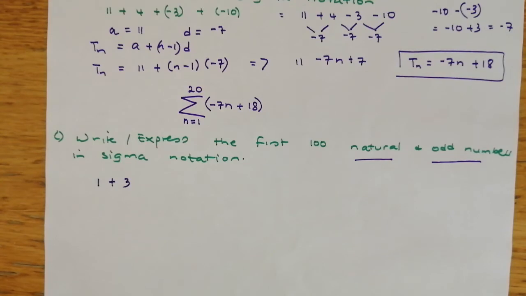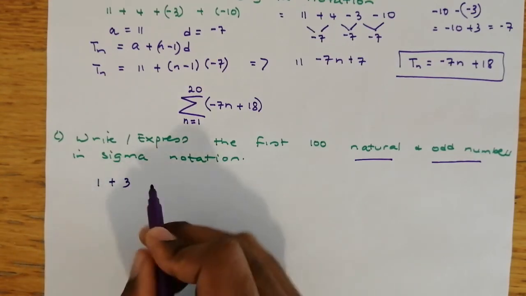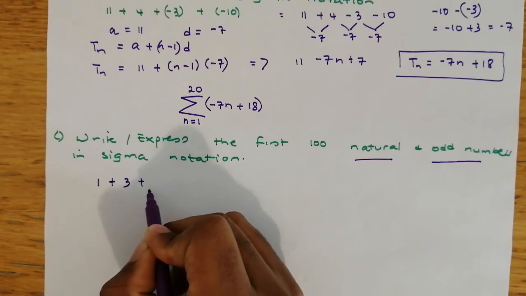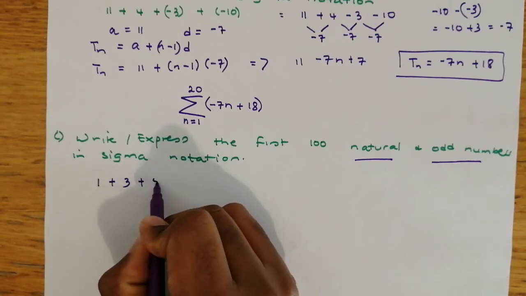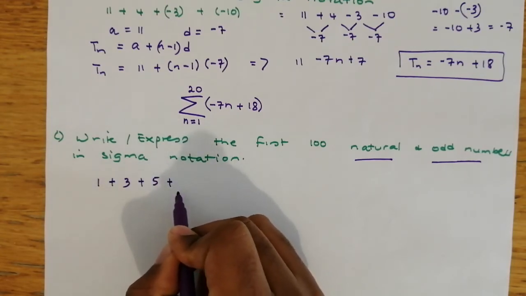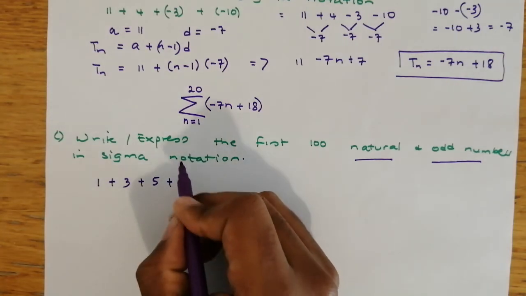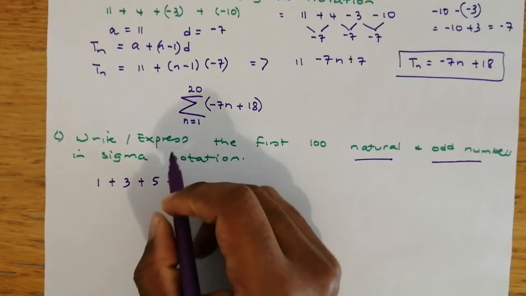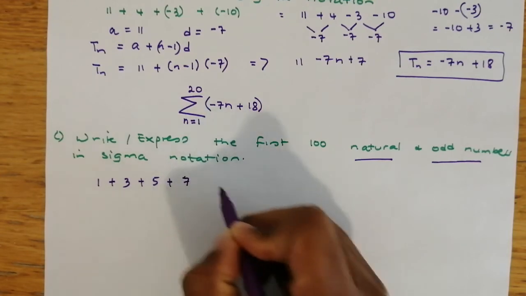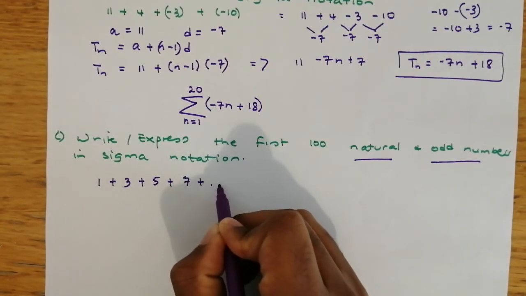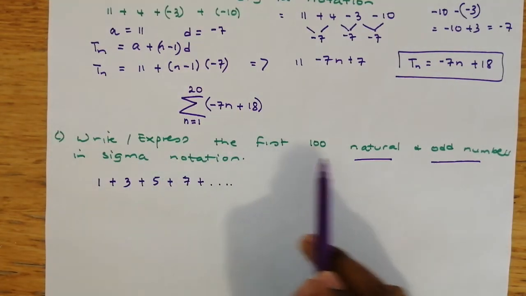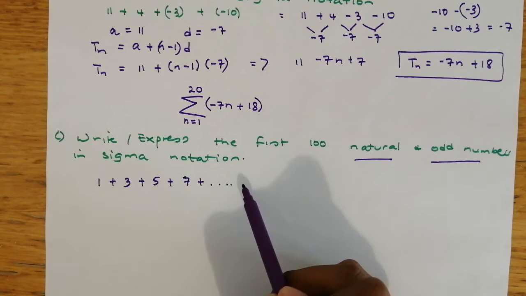The next one is 3, and these are natural numbers. What about 4? We jump 4, it is an even number, so we go to 5. What about 6? We jump 6, it is an even number, and then we go to 7. We are going to keep on adding, as they said the first 100 natural odd numbers.